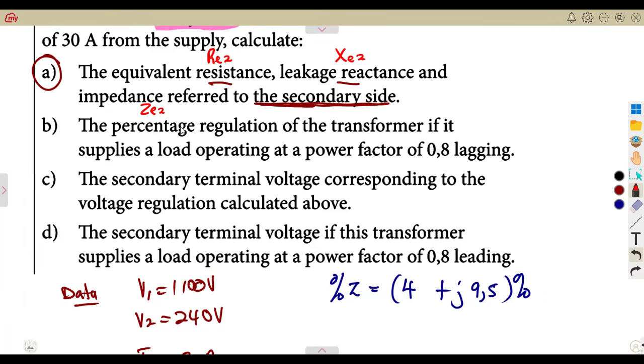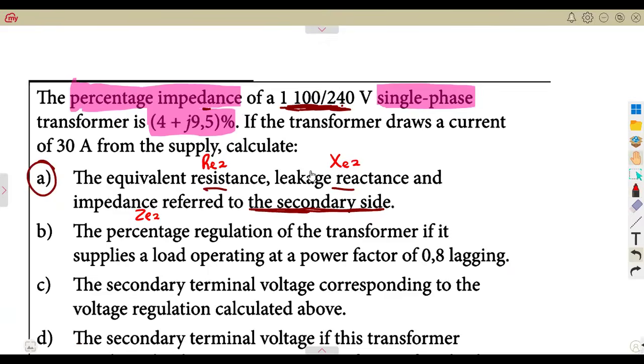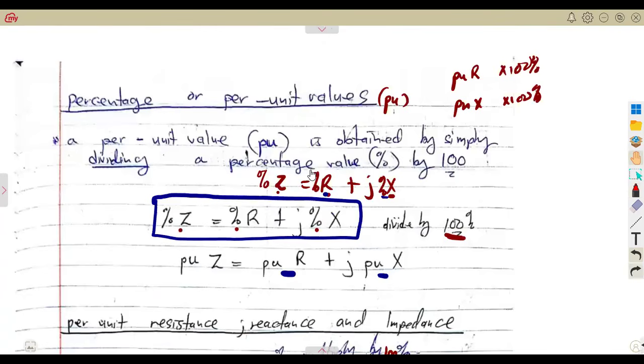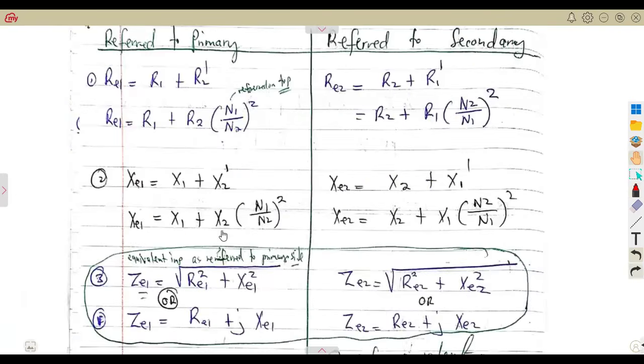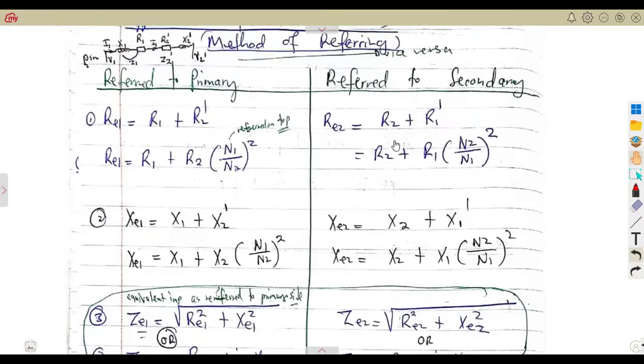But the question is, guys, let's go back to the impedance, because with this information here, we are going to be stuck. Let's go back to our formulas. I talked about that here in our introduction. If you check here, you're going to be stuck if you think of using these, because these are the cases we had when we talked about the method of referring.